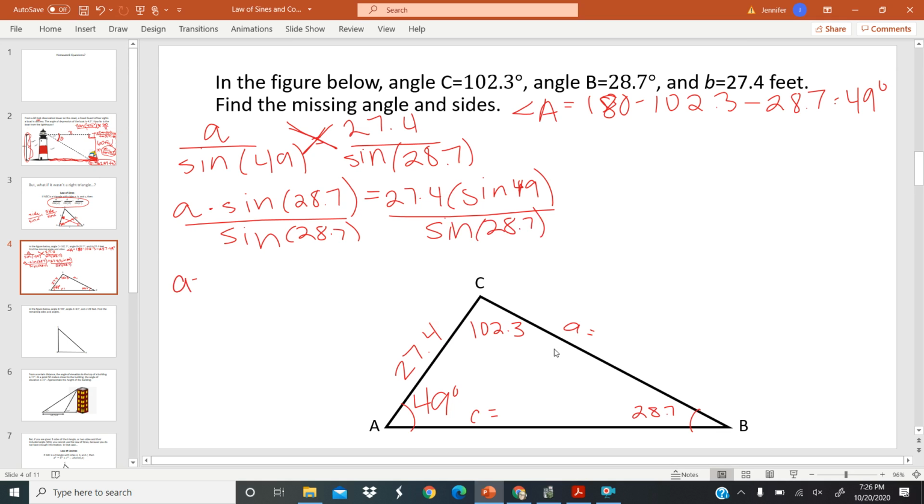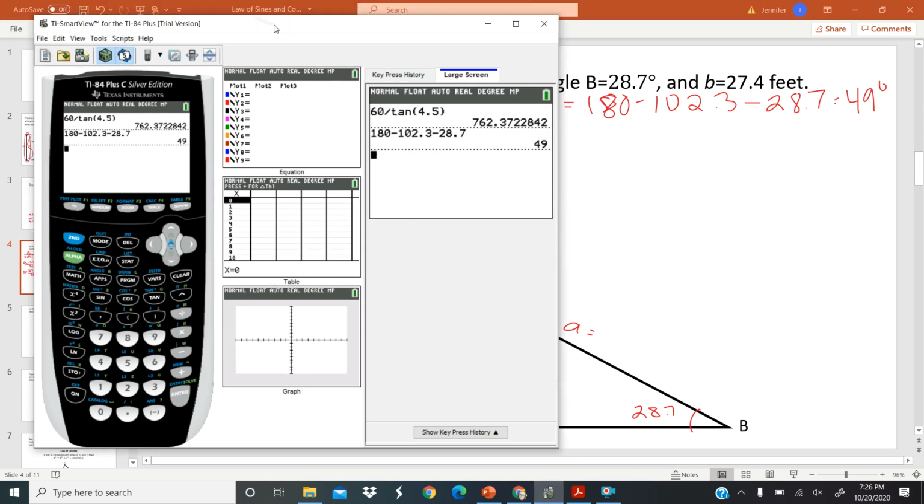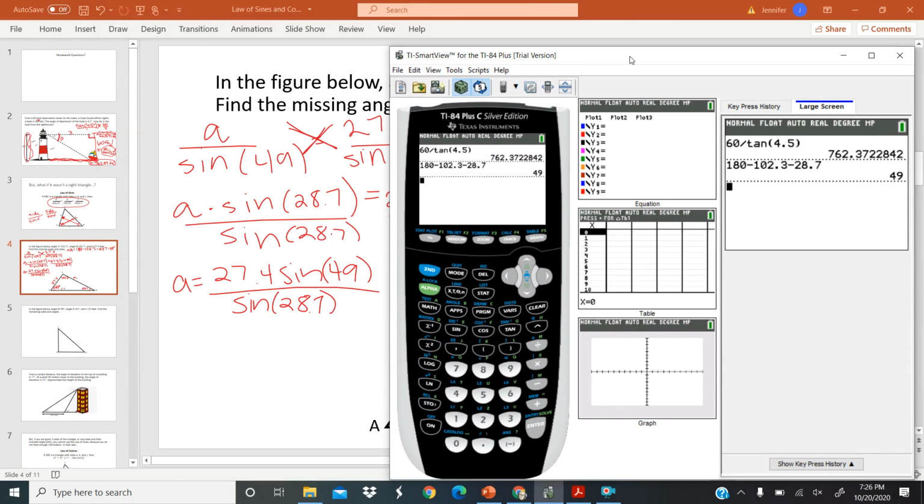And so then little a is going to equal 27.4 times the sine of 49 divided by the sine of 28.7. You're going to want to put all of that into your calculator. So I'm going to get my fraction bar in, and I'm going to do 27.4 times the sine of 49, and then that's divided by the sine of 28.7.